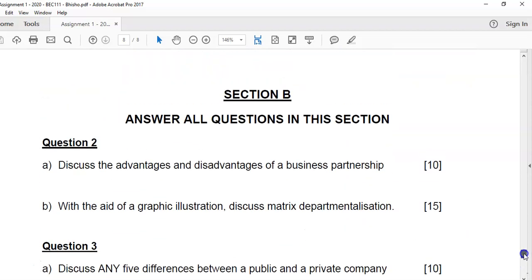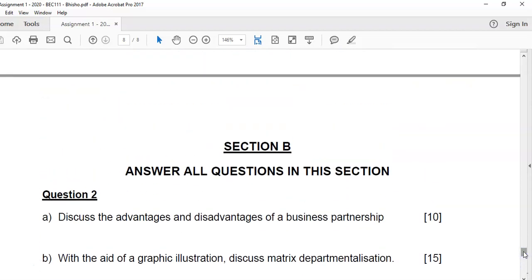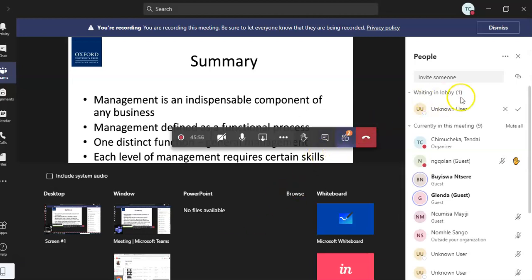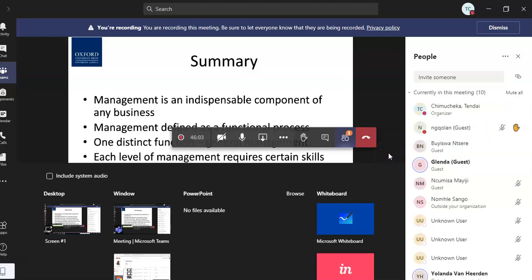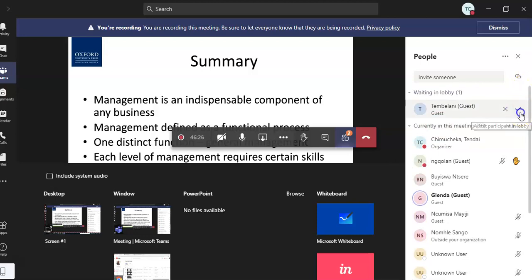But I'm not sure about the one that you have on section B; I think it was saying answer 2 questions. Is that so? It is saying answer all questions in this section. No, if it's saying answer all questions, then that's the one. You are answering all questions. So that is the correct one. That is assignment 1. So you answer all 4 questions.